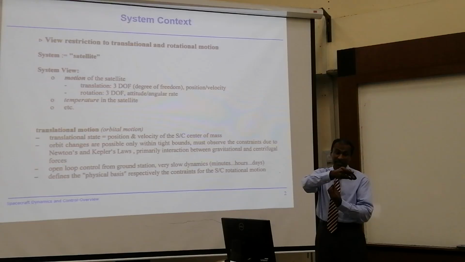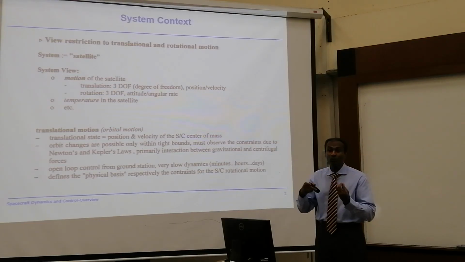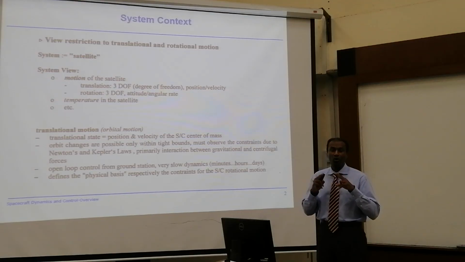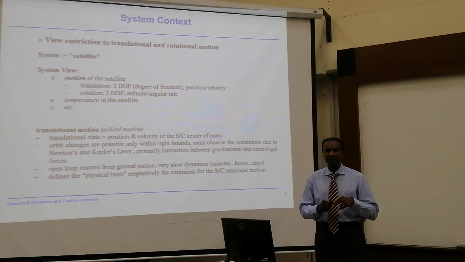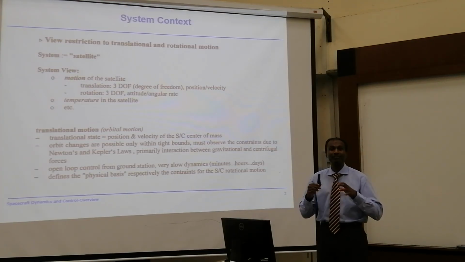You can stay in the same orbit. You will be insensitive towards orbital mechanics, because orbital mechanics is going to treat you as a point mass. It's a point mass. Spacecraft dynamics and control is going to treat you as a rigid body.